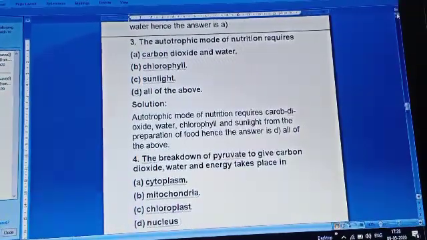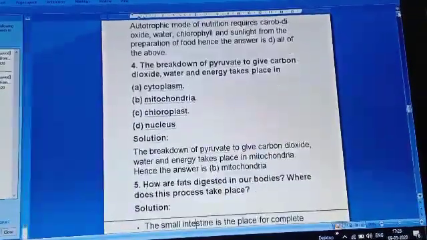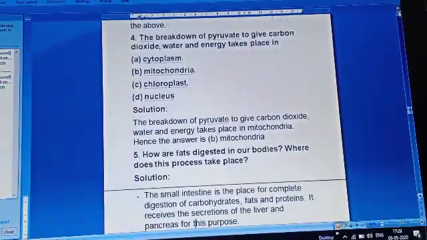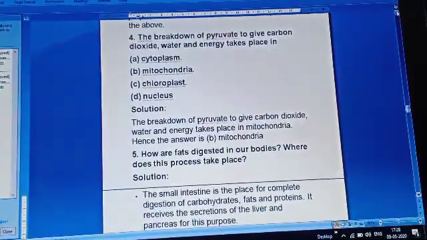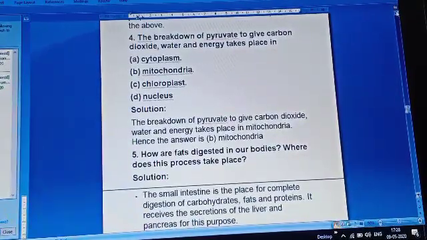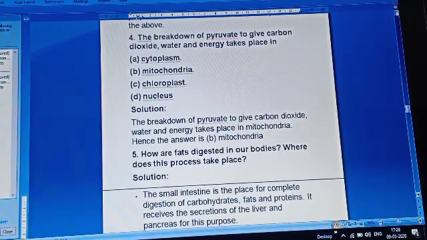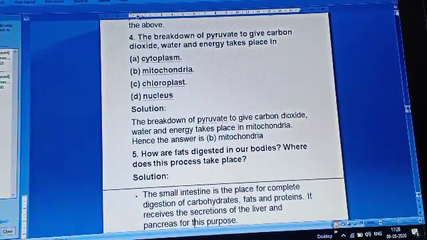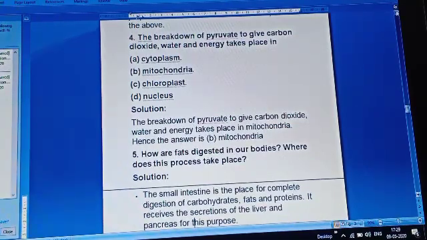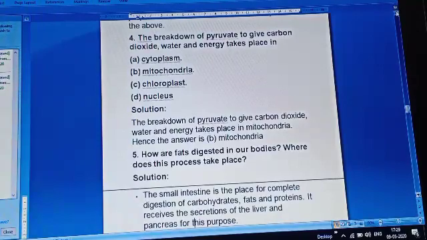Let's move further. The breakdown of pyruvate to give carbon dioxide, water and energy takes place in cytoplasm, mitochondria, chloroplast or nucleus. As we know, pyruvate is converted into carbon dioxide, water and energy.